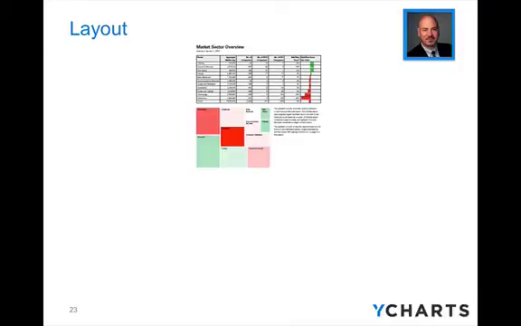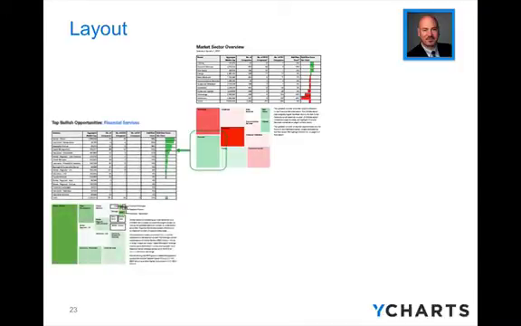Each report takes the most bullish sector and then splits that out into the second page, where that sector is broken into its industries. And then we do the same thing for each of the industries within that sector, assigning them a bull-bear score and taking a look at their relative market capitalization size.